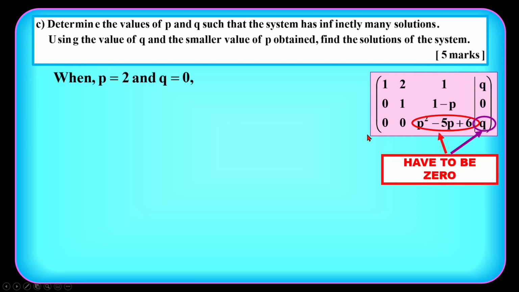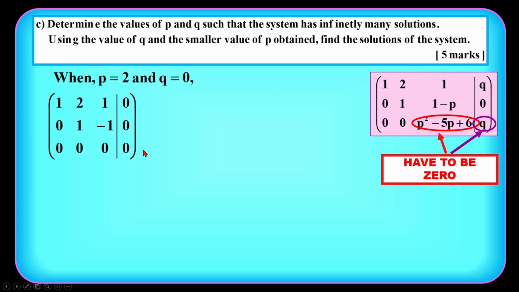So I'm going to adjust my augmented matrix. These two here, I'm going to transform all of them into zeros, and the place for P, I'm going to change with 2. So 1 minus 2, I get negative 1. And then the place for Q, I'm going to change with 0. So that's the 0 over here.